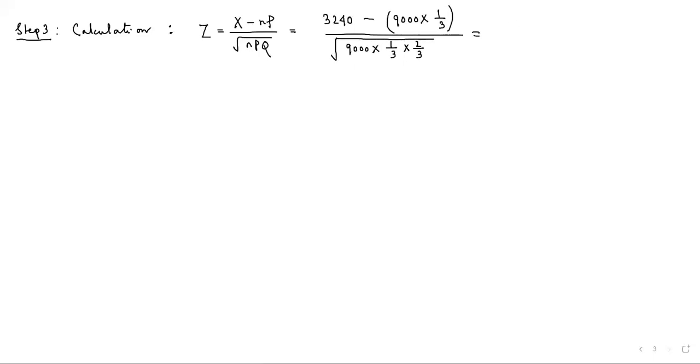Can you tell me please, Ritika, what would be the value of this quantity? Can you just quickly do the calculation and tell me? Because again, I do not have the calculator with me right now. This would be 3240 minus 3,000, divided by root over 2,000.